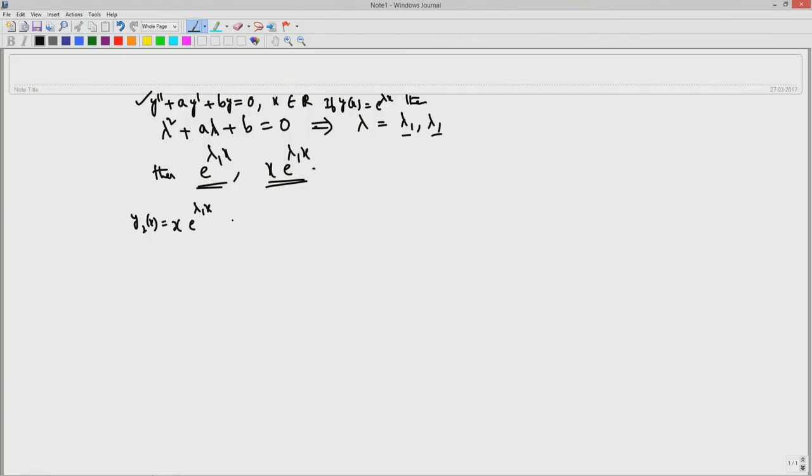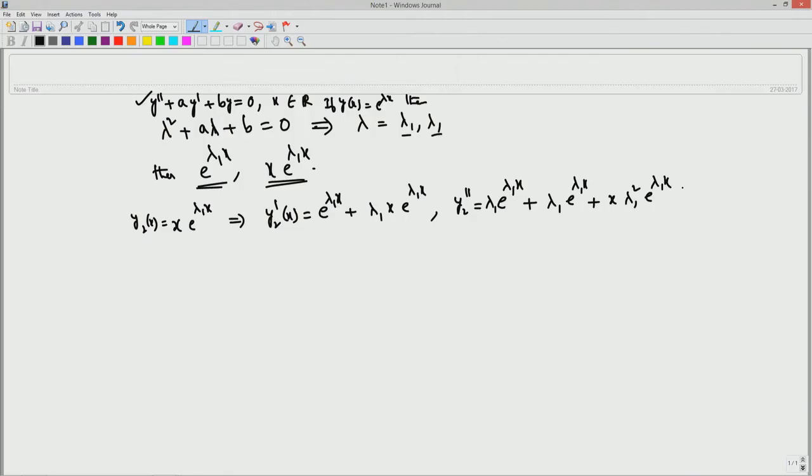This gives y2 dash of x, which is e power lambda 1 x plus lambda 1 x e power lambda 1 x, and y2 double dash is again e power lambda 1 x into lambda 1 plus lambda 1 e power lambda 1 x plus x into lambda 1 square e power lambda 1 x.